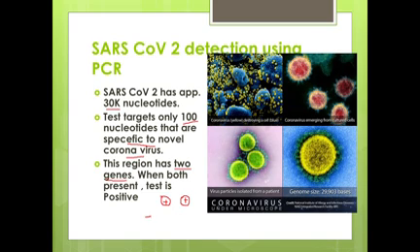Then the patient is said to be COVID positive. And if only one of the genes is present and another gene is absent, then the test is declared as inconclusive. And if neither of the genes is present, then the test is declared as negative. So this is how PCR is used to detect a novel coronavirus.